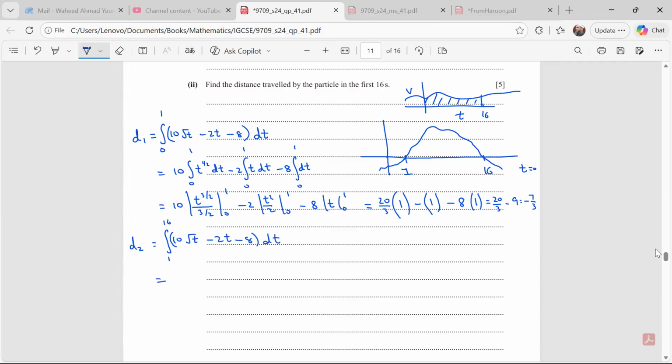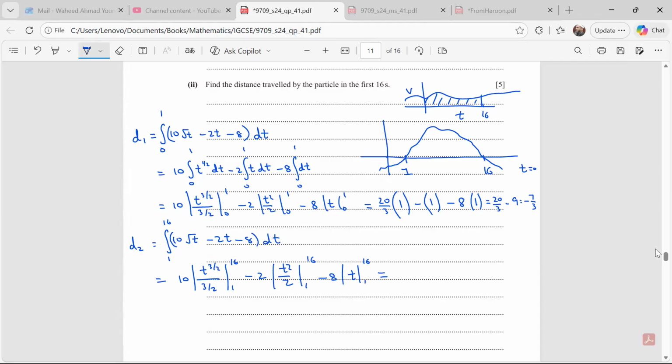The integral would be the same, so it is going to be 10 times t power 3 by 2 over 3 by 2, but this time the limits are from 1 to 16, minus 2 times t square by 2 from 1 to 16, minus 8t from 1 to 16.